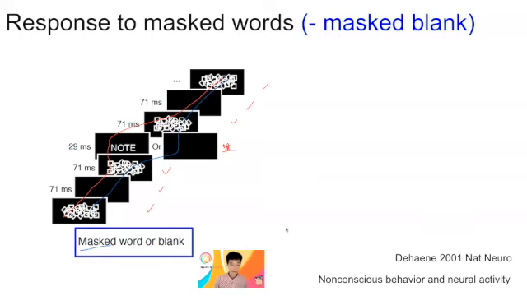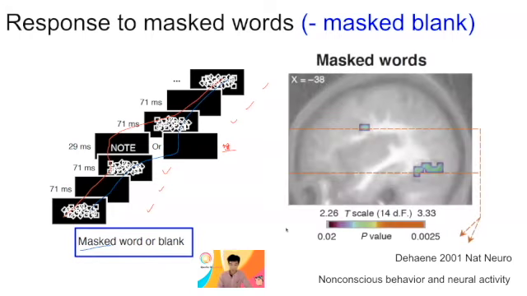When they did that, they found this result. The pattern looks similar in the sense that they also found the fusiform gyrus and a little bit of the frontal areas. However, the magnitude of response is much, much smaller. Previously it was 10 to the minus 12, and now it's 10 to the minus 1, 2, 3. This means that a weakened response is induced by the contrast between the masked word and masked blank.